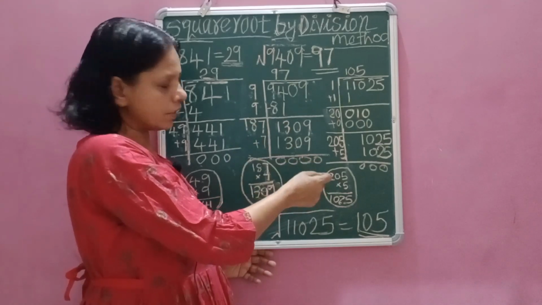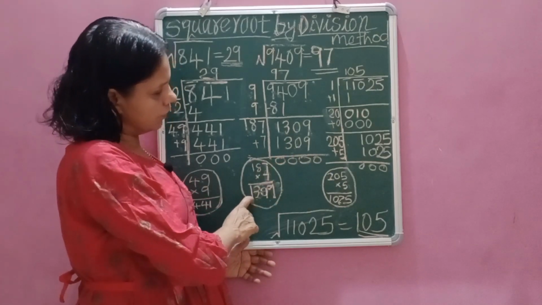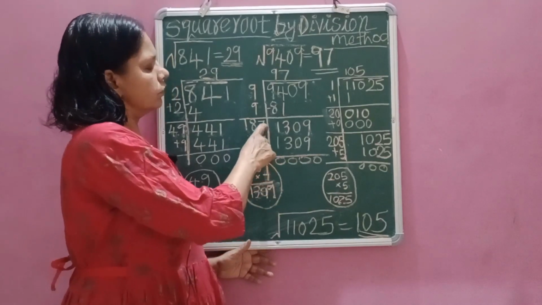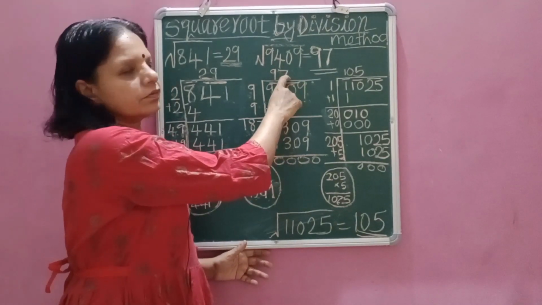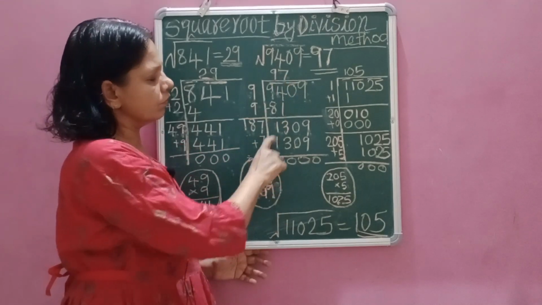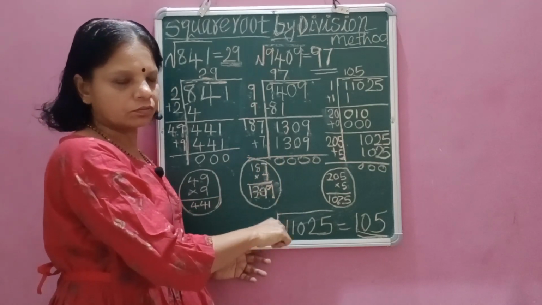So both we can check. 187 into 7 is equal to 1309. So 7 you have to write here, plus 7. No need of continuing the division, stopped, as the remainder is 0.